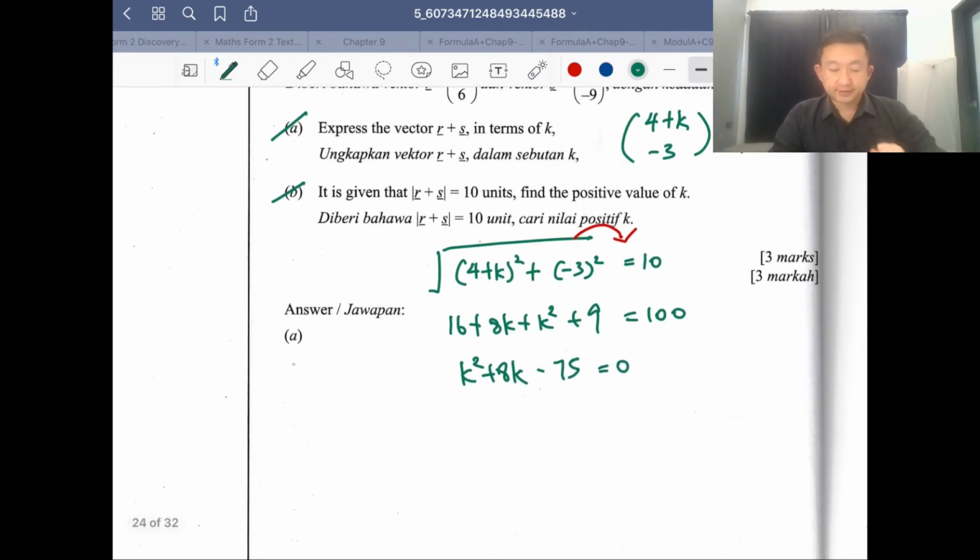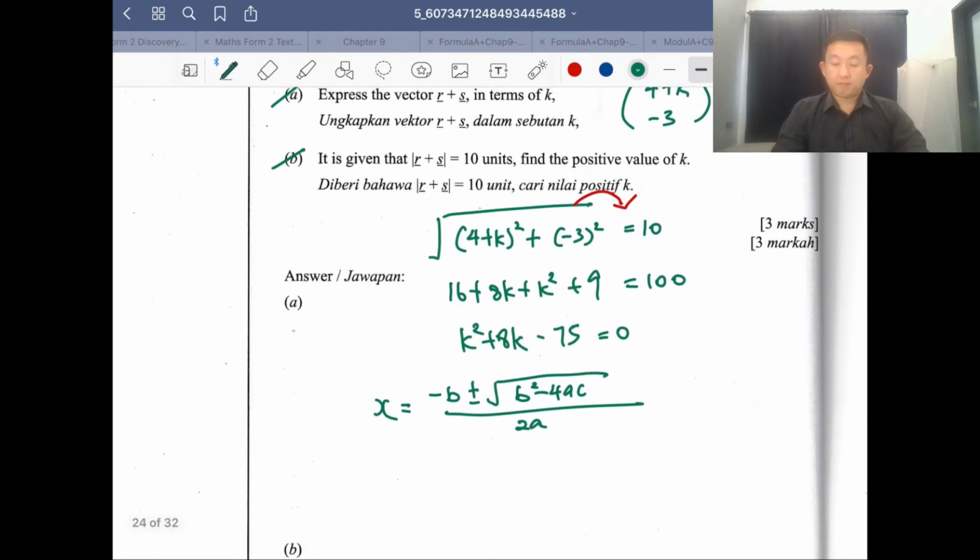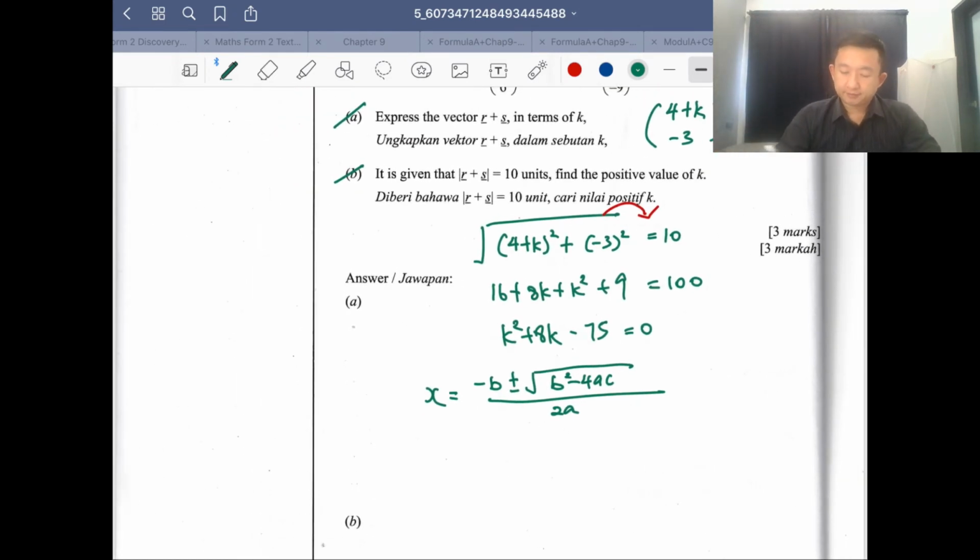Okay, I tried already just now. The answer is going to be in decimal points. So you have to use this formula. Remember your a, b, c: your b is 8, a is 1, c is negative 75.